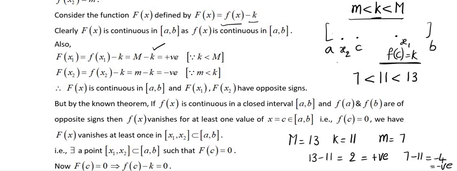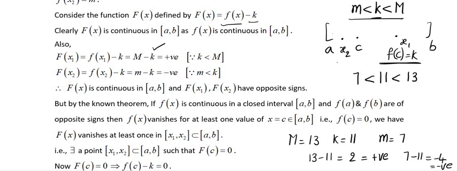Here capital F of x is continuous. Here small f of x is continuous. Here f of a and f of b are of opposite signs. Here f of x1 and f of x2 have opposite signs. So we can use the conclusion of the known theorem. So capital F of x vanishes at least once in closed interval x1 x2, which is a subset of closed interval a comma b.